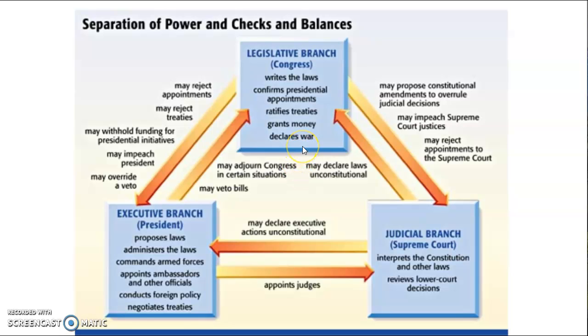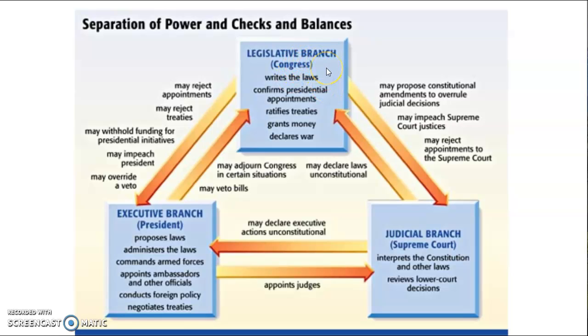Now, this is a typical looking chart of checks and balances, and let me show you how it's read. The executive branch, or the president, has checks on the legislative branch. So he has these two things that he can hold over Congress's head, in case Congress tries to take more power.